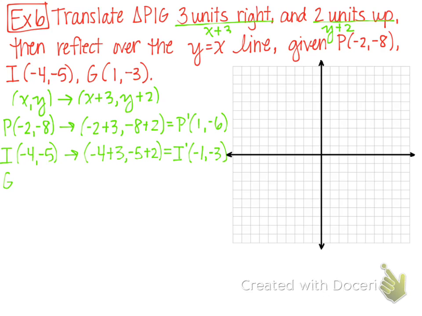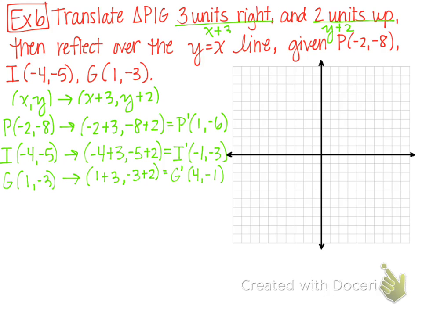Now lastly, G originally is at (1, -3). So we're going to take 1, add 3 to it, and -3, add 2 to it. So we get that G prime is at (4, -1).